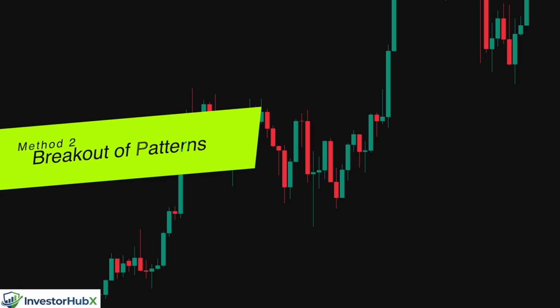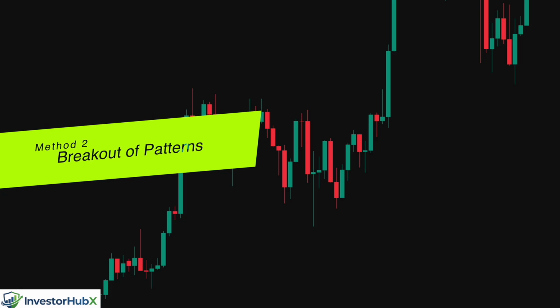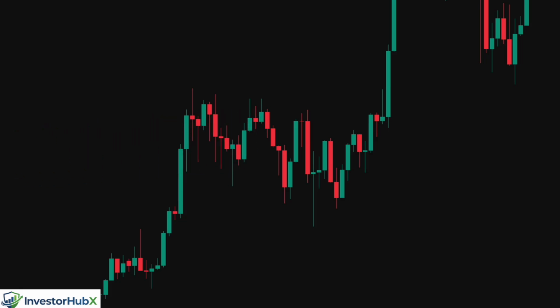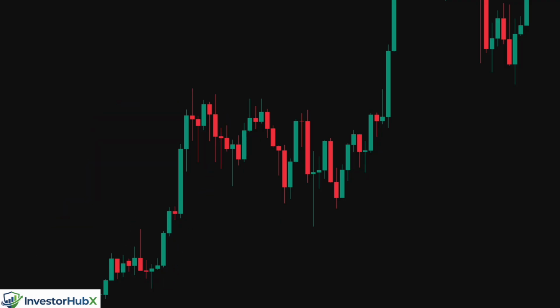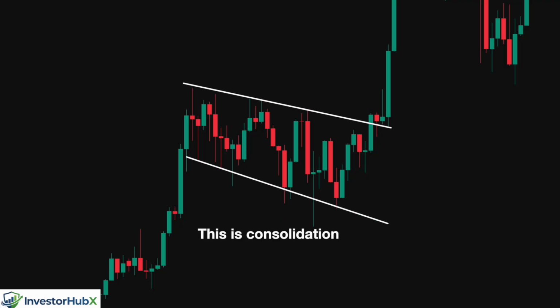The second way to identify a bull market is by looking for breakout of patterns. Again, we'll use the Bitcoin chart to illustrate this concept. Price moves up and then enters a period of consolidation. Consolidation occurs when the market temporarily pauses, with price moving sideways instead of trending.